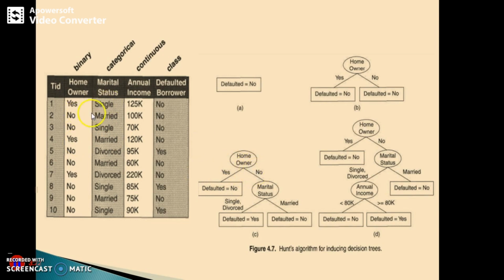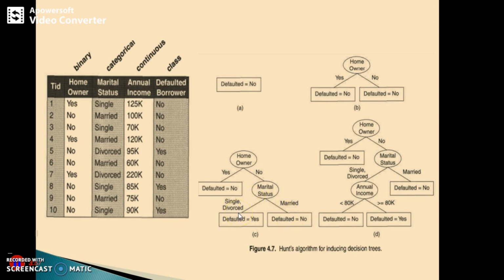So here homeowner is equal to no, married, class no, that's count 1, and let's go to this. Homeowner is equal to no, married, and that is also belonging to class no. Then again one more record we have, homeowner is equal to no, married, and belonging to class no. So total 3 records for married where homeowner value is equal to no and belonging to class no. No other records we have here, only 3 records, and all 3 are belonging to class no. So we have added the leaf node here as defaulted is equal to no, and this became our pure classification.